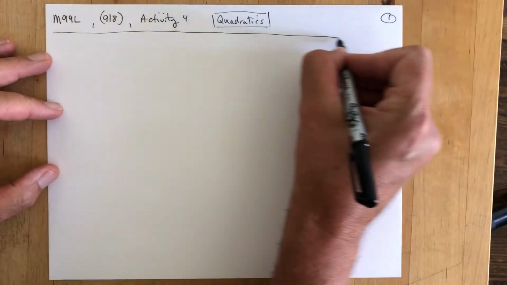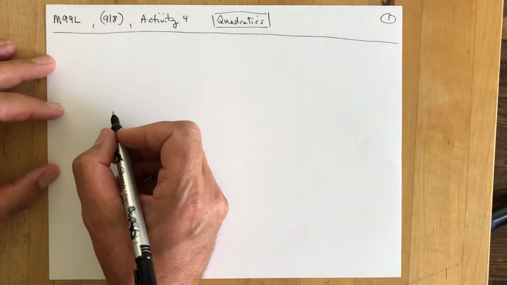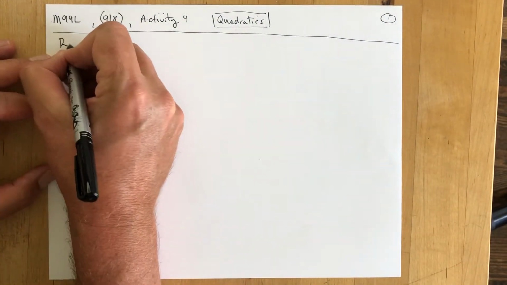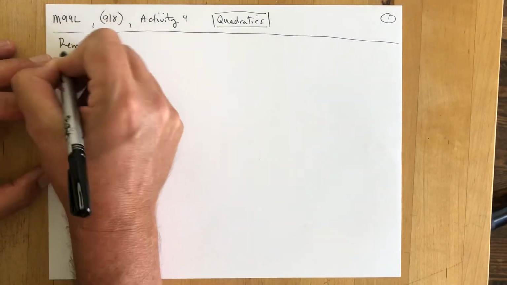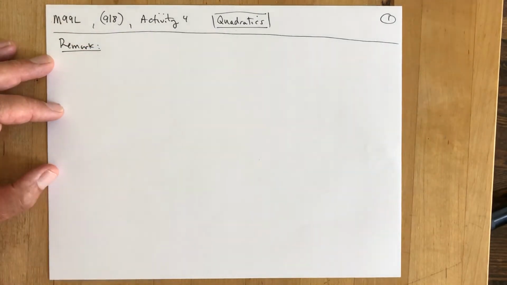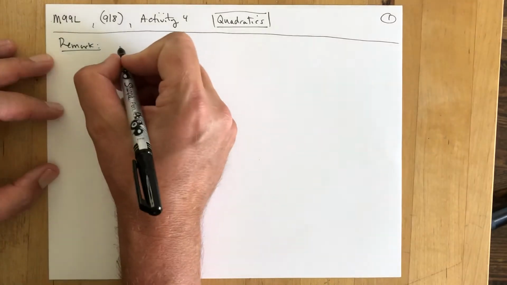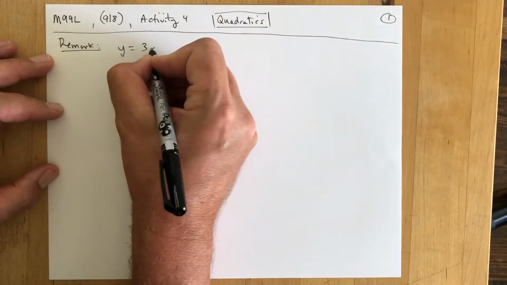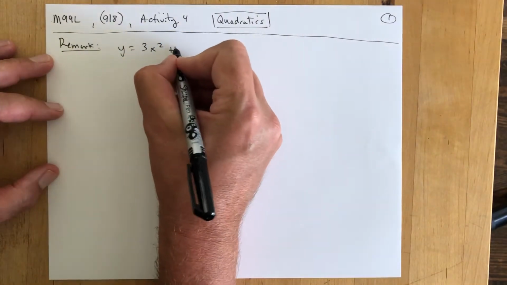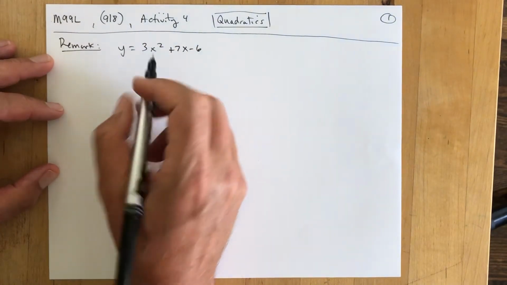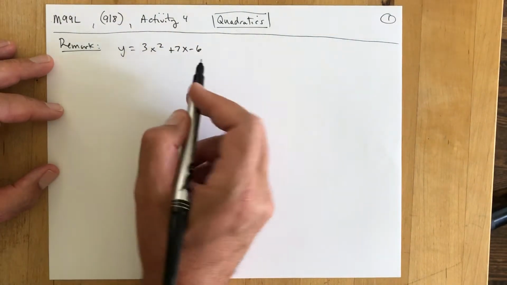I want to back up a little bit and remark about a problem from activity 3, well, 4 problems from activity 3. I gave you a quadratic, y equals 3x squared plus 7x minus 6.